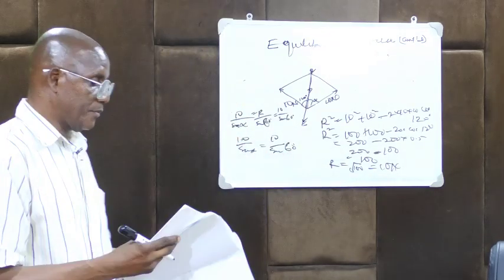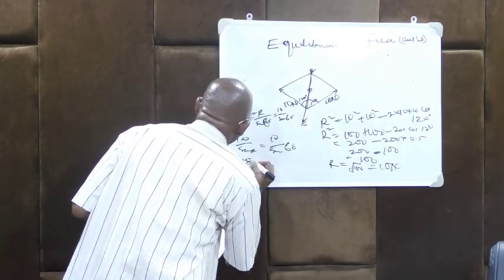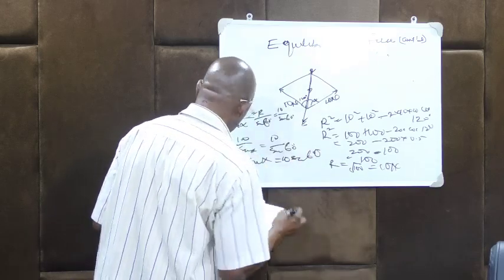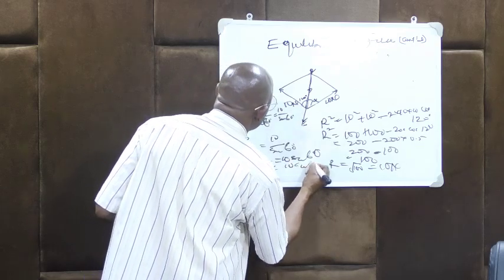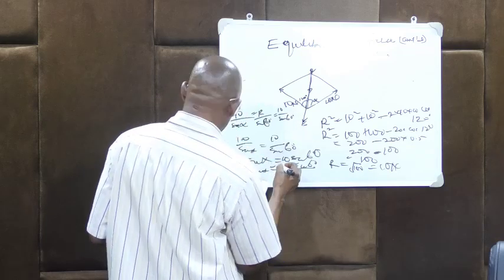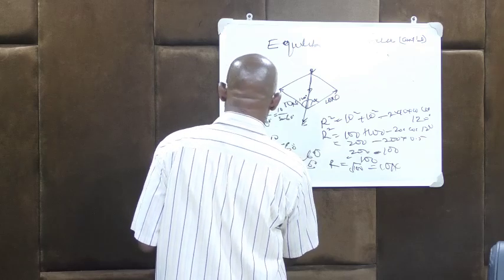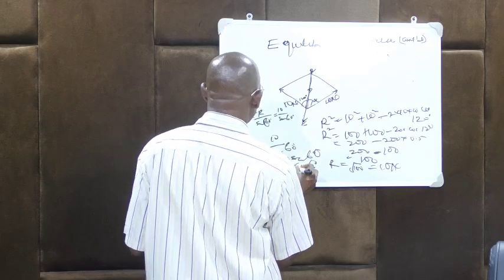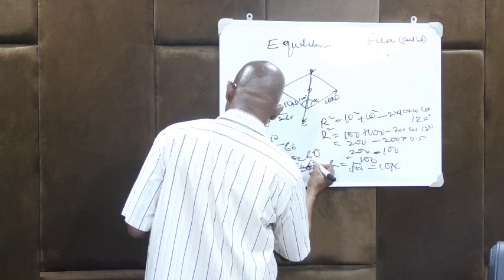I think we are following. So you can see, you cross multiply: 10 sine alpha equals 10 sine 60 degrees. From here you can calculate sine alpha equals 10 sine 60 degrees divided by R sine 60 degrees, which equals 10 sine 60 divided by sine 60 degrees.